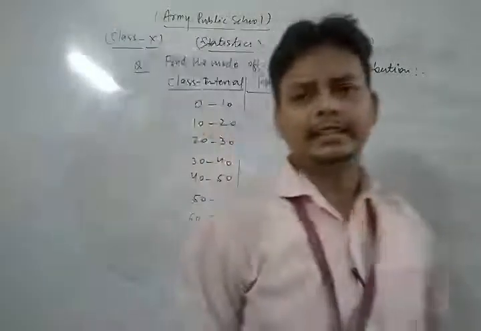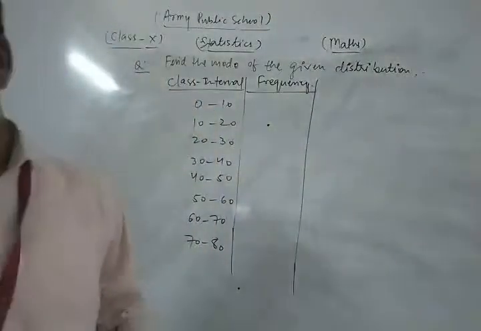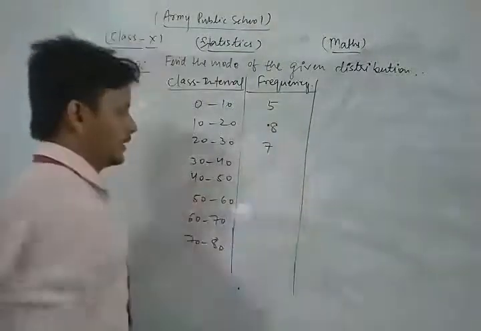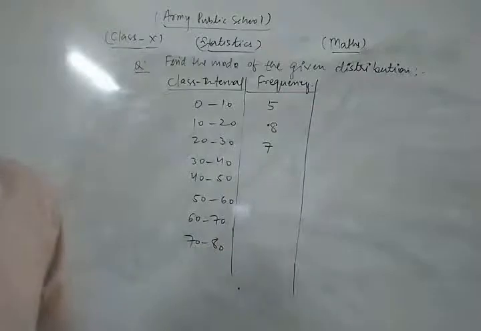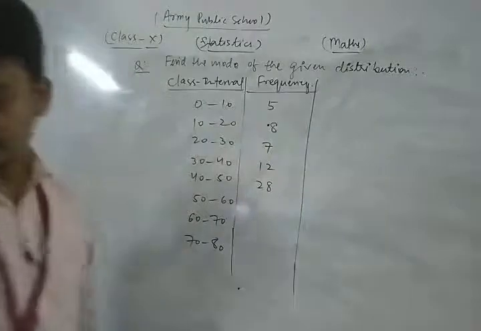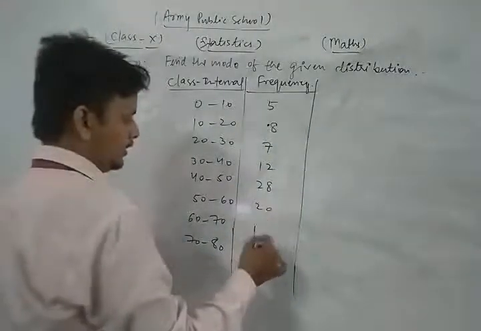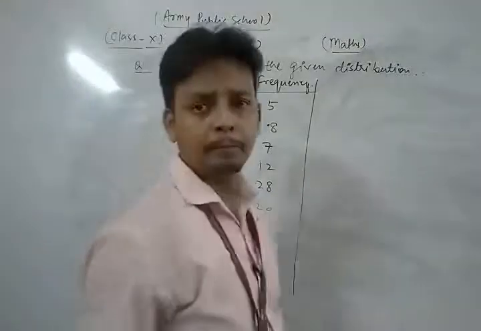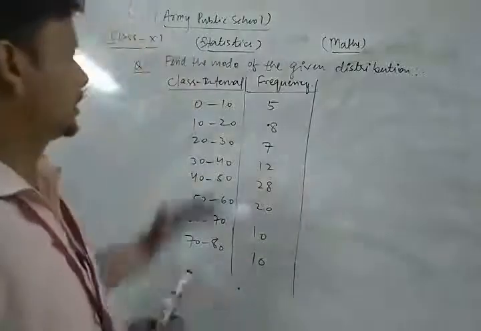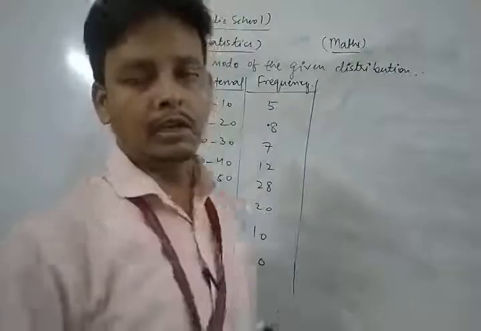This is the class interval. Okay, and the corresponding frequencies are 5, 7, 8, 12, 28, 20, 10 and 10. Okay, so dear students, this is the question. This is the class interval and this is the frequency, and we find the mode of the given distribution.